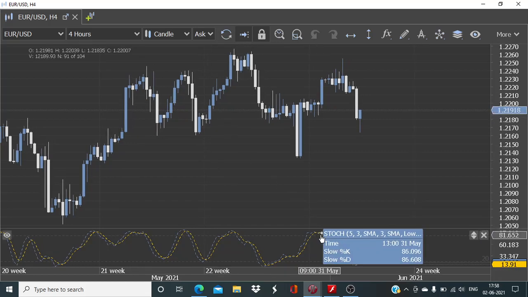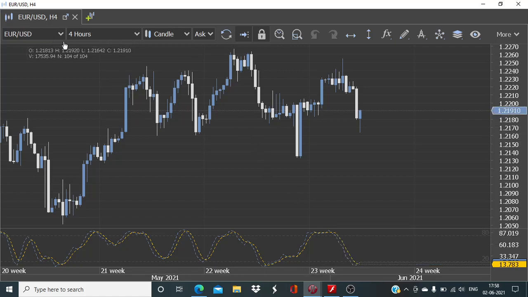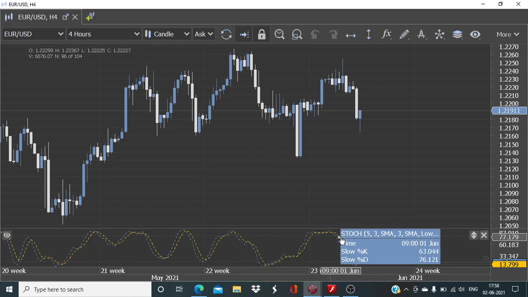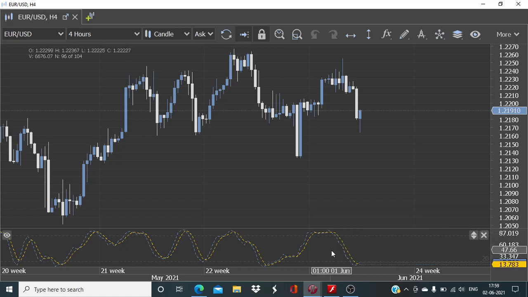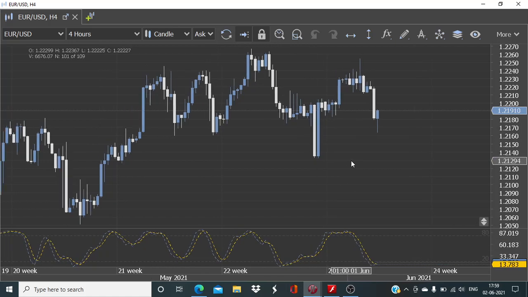We will be looking at the stochastic values on the 4 hourly time frame. This is the Euro USD chart of the 4 hourly time frame. And here, as you can observe, whenever we have the trend quite strong, we get these stochastic values in a uniform manner, and the output values, as you can observe, are showing this downward trajectory, and we want to take advantage of it.